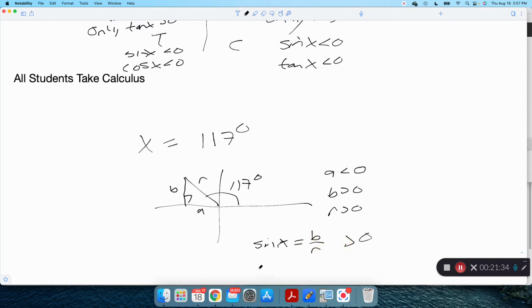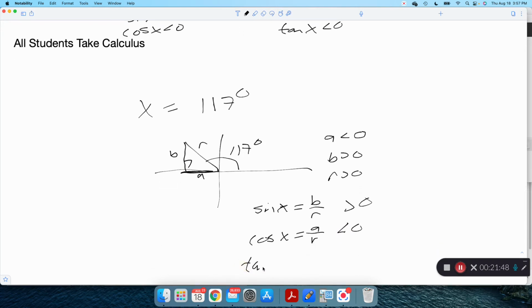That has to be positive. Cosine will be A over R. A is negative. Look at it. That's a negative, so cosine must be negative. And tangent is B over A, opposite over adjacent. B is positive, A is negative. A positive divided by a negative is negative. So I could go through all that, or I could just say in quadrant 2, All Students Take Calculus: sine's going to be positive, the other two are negative.